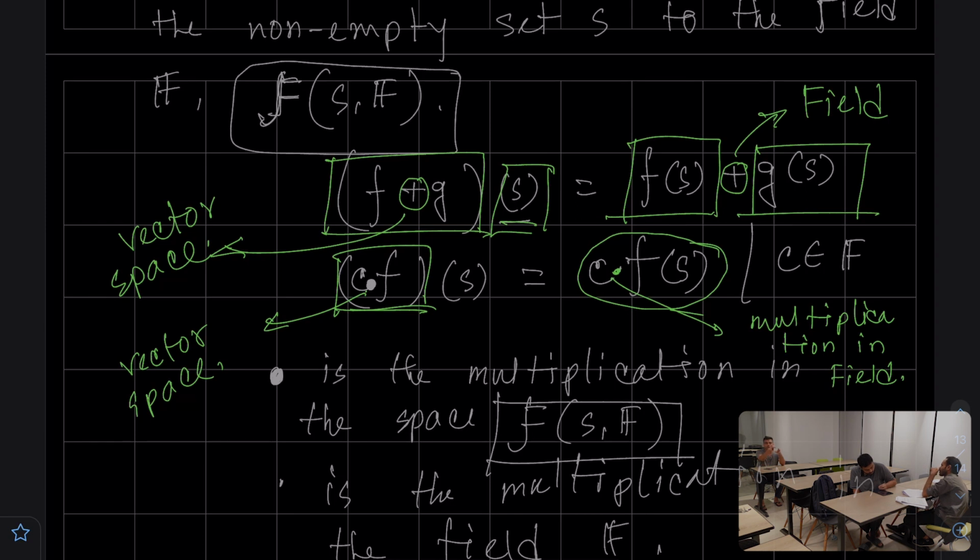In both these equations, the left hand side is a field element, and the right hand side is also a field element. If the right hand side is field and the left hand side is not field, it doesn't make any sense, right? The left hand side, f plus g, is not in the field, but f plus g acting on s is in the field, after the operation. And c dot f acting on s is also in the field.